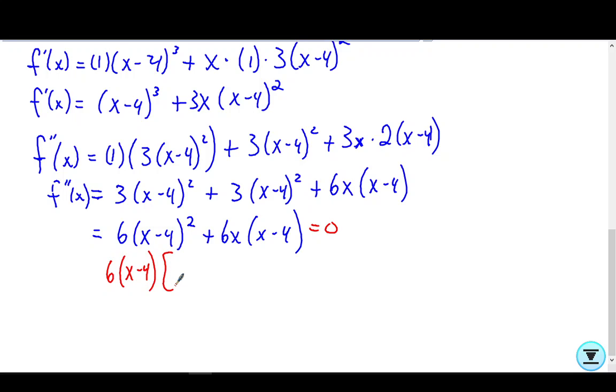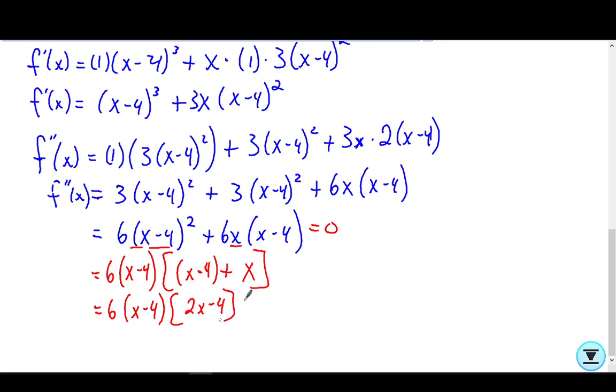So we're left with, in this one, x minus 4, plus, in this one, I'm left with just this x, because this x minus 4 has been taken out. Going to get this x minus 4, and here we've got x minus 4 plus x, which is 2x minus 4, equal to 0.